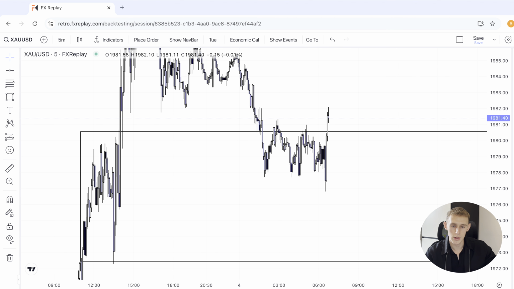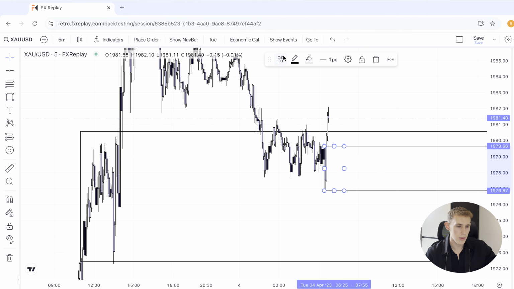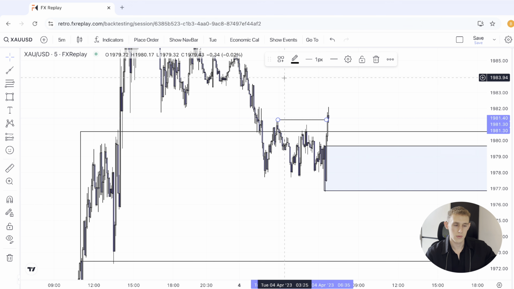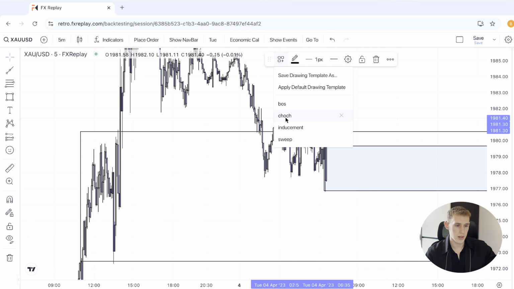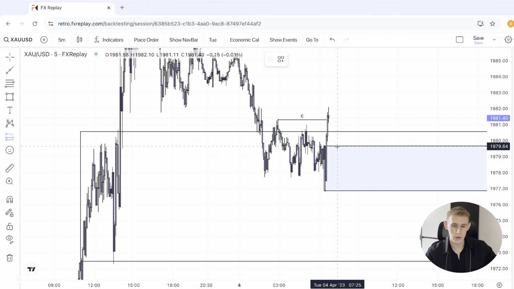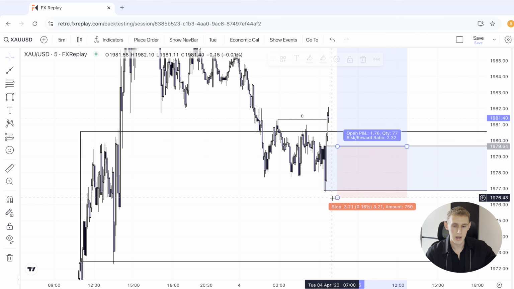So that's our confirmation. Sweep of all of these lows. You then had this change of character. And this is the 5-minute demand which caused it. So I'll look for a retracement into there and we can get a nice 1 to 3.